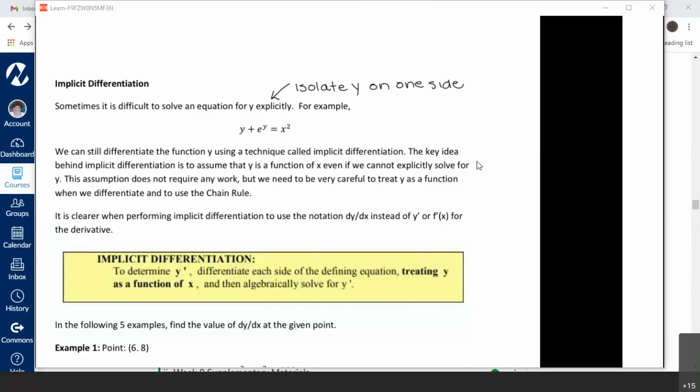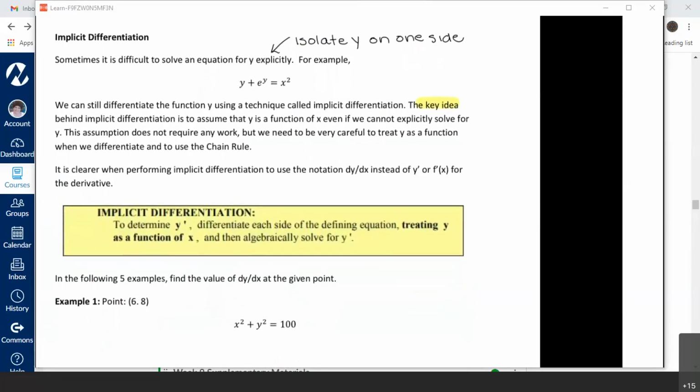So what's the key idea behind implicit differentiation? The key idea is to assume that y is a function of x. Even though you can't see what that function is, you can't solve for y, we're going to assume y is a function of x. So whenever you see a term with a y in it, you're going to assume you've got a composite function.